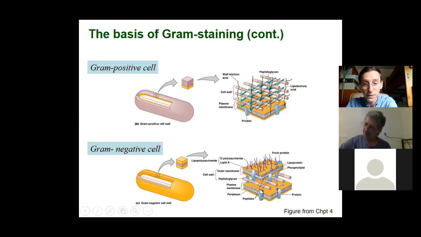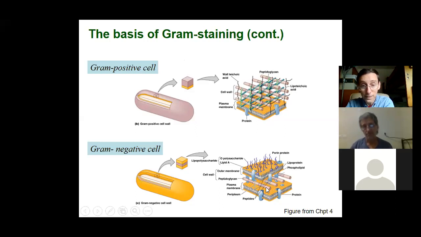And here it does have a thin layer of peptidoglycan, shown as only 1 layer. In reality, it's thin, but it's more than 1 layer. And then on the outside, there is an outer membrane of the cell wall, and we'll talk more about that later. Right now, I'm just showing you the outer membrane. We're not going to look at it in great detail here.